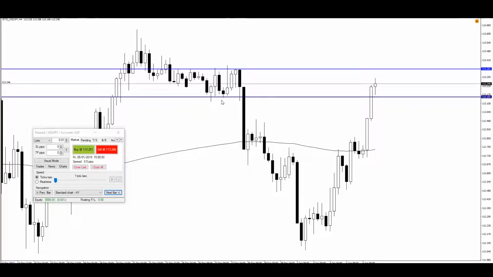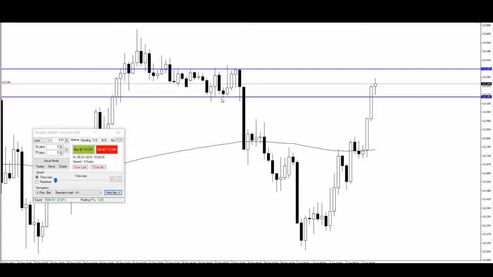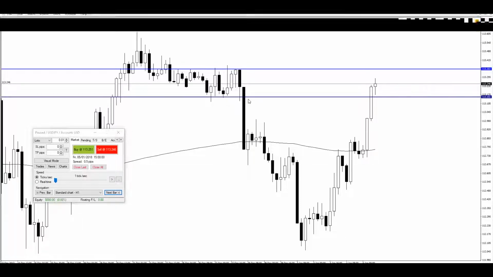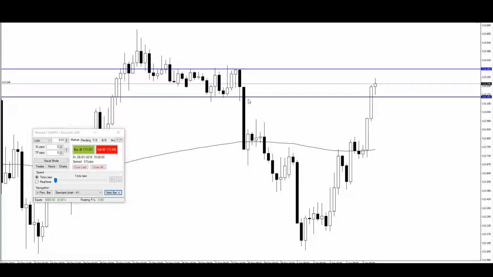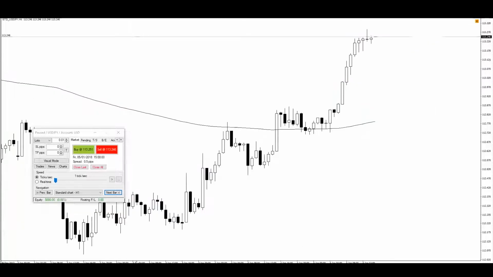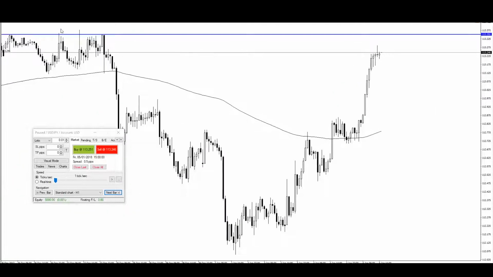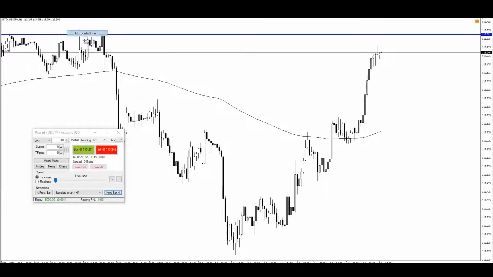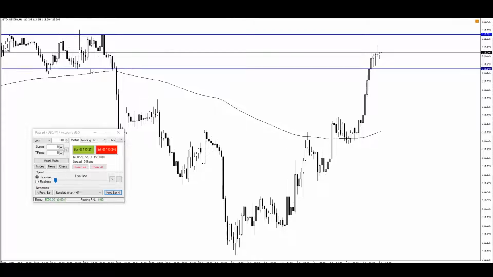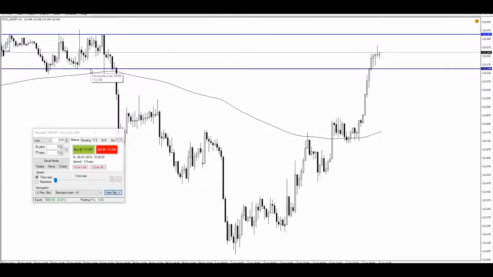So what you got to do is start to see that, you know what, if we're coming up to this area, what are the chances that it's going to respect this area? That's what you got to start asking yourself. Because now when you go to the 1 hour, we zoom out, we see the same thing over here.